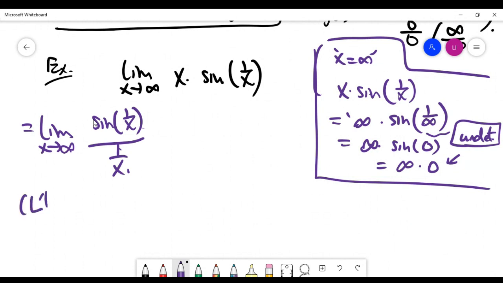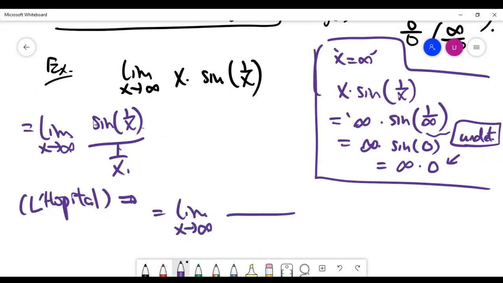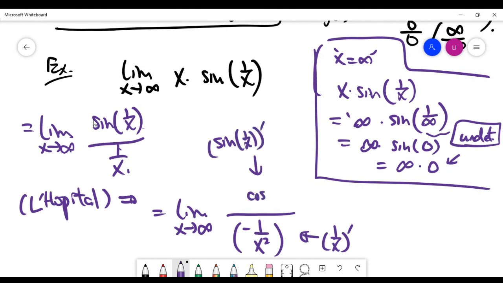So we can apply L'Hopital's rule, which means you have to differentiate the top and bottom separately. For the bottom, the derivative of 1 over x becomes minus 1 over x squared. For the top, it's the derivative of sine of 1 over x, which becomes cosine of 1 over x if you differentiate the sine function with respect to 1 over x.